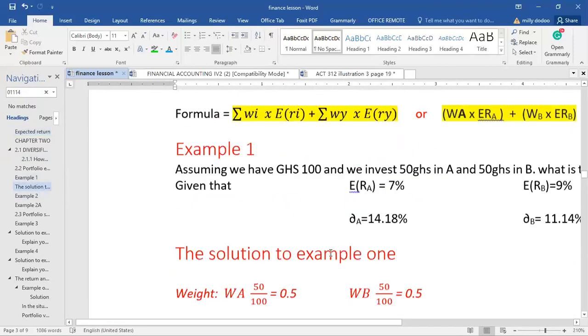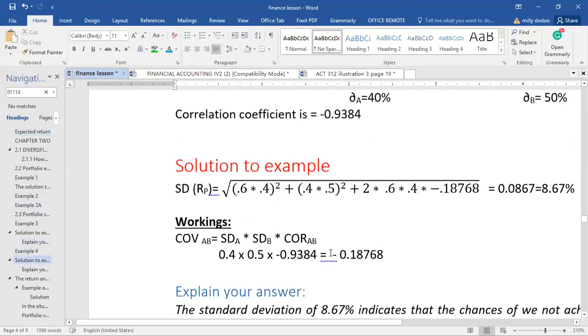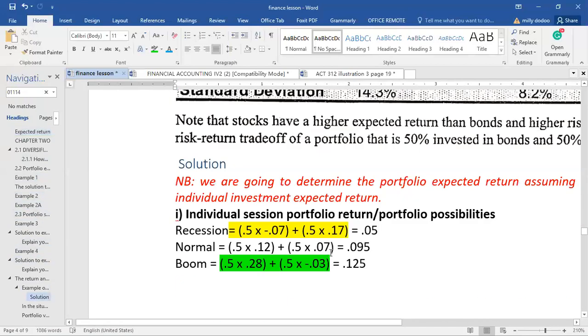So that is just the variance formula I gave you that particular day.